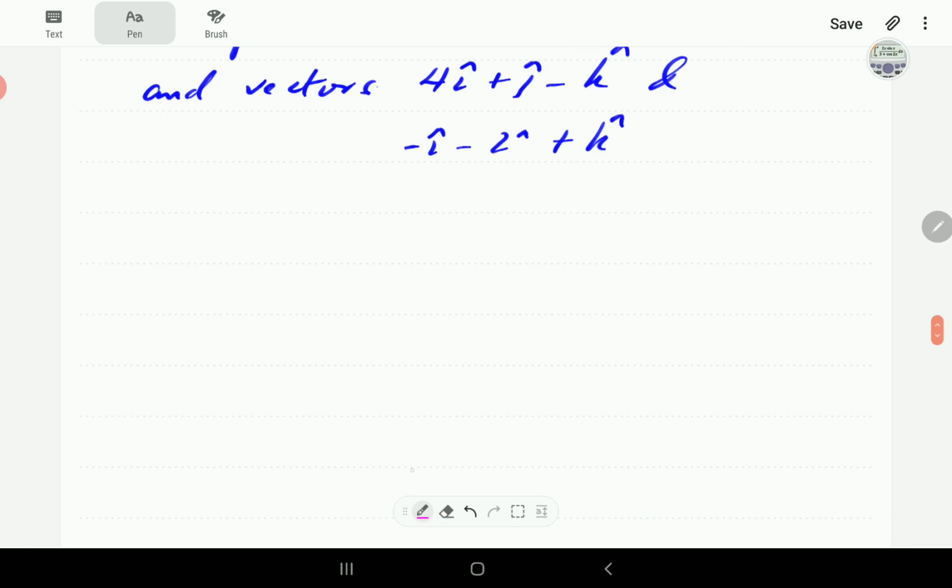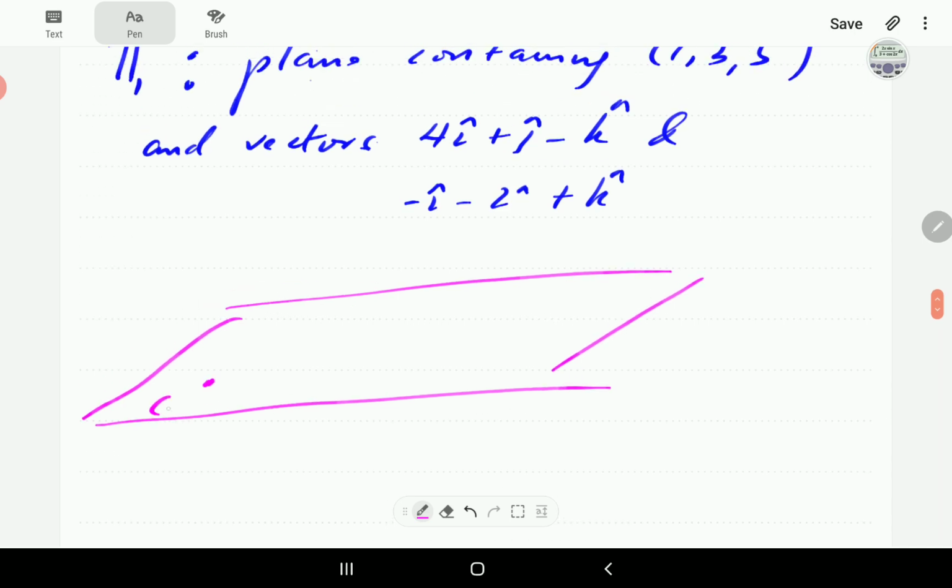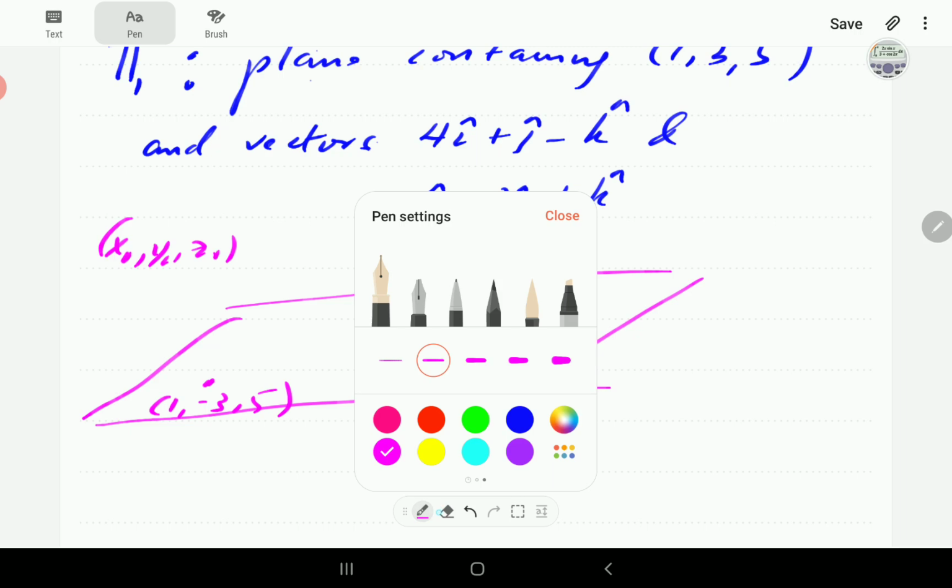So I'm just going to make a little sketch. So that means in this plane we've got this point 1, minus 3, 5. So that's going to play the role of x naught, y naught, and z naught. And then these two vectors are in the plane.